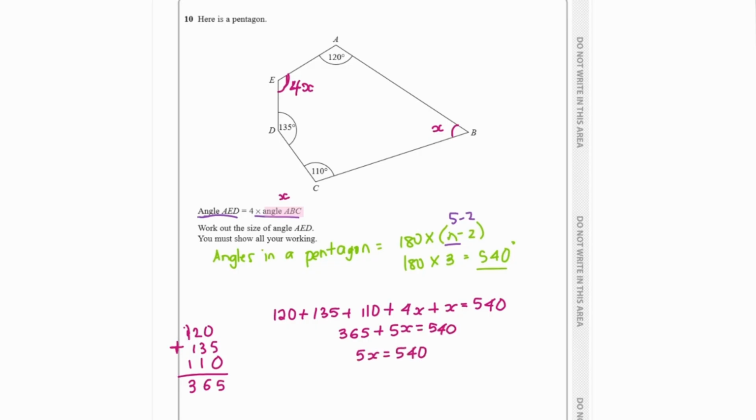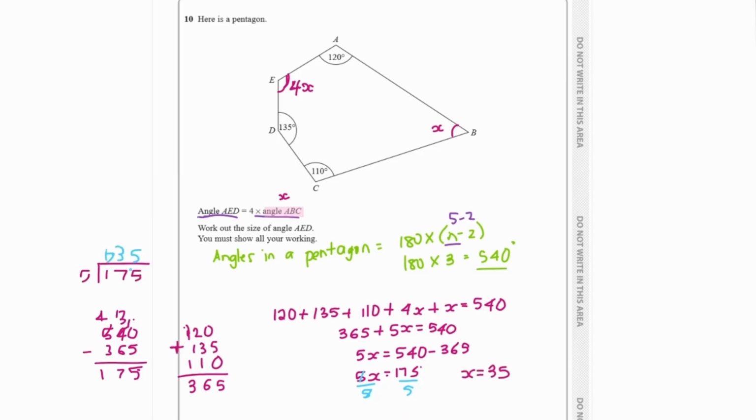If we then minus 365 on both sides, we will have 5x is equal to 540 minus 365, and that gives us 175. So 5x is equal to 175, and if we divide both sides by 5, this would give us 35. So this means x is equal to 35.